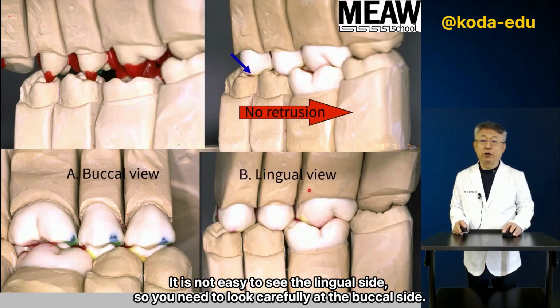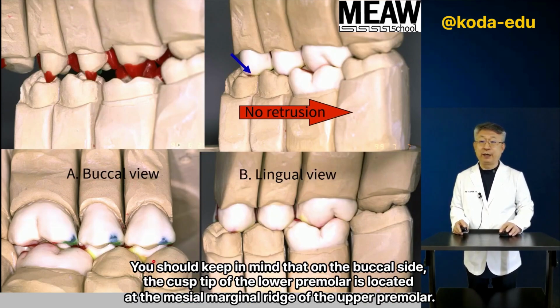It is not easy to see the lingual side, so you need to look carefully at the buccal side. You should keep in mind that on the buccal side, the cusp tip of the lower premolar is located at the mesial marginal ridge of the upper premolar.